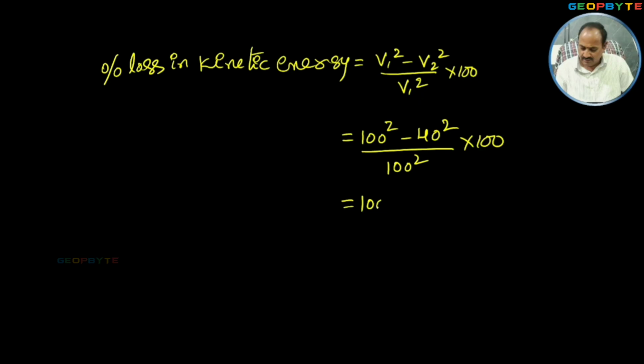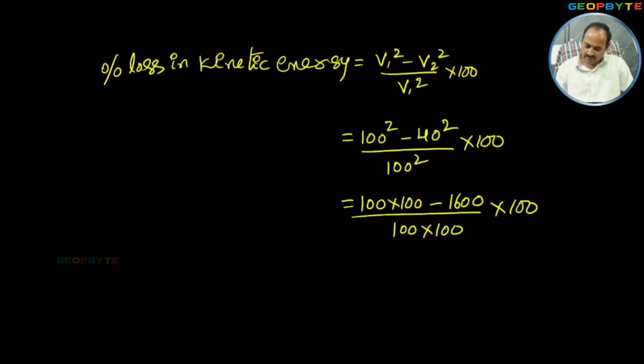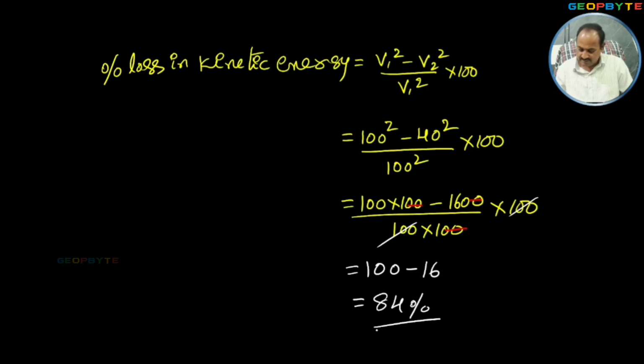It is equal to 100 into 100 minus 40 square, 1600, divided by 100 into 100, into 100. Now two zeros, two zeros, two zeros cancel. Finally it is 100 minus 16. Of course, this 100 cancelling, it is equal to 84 percent. That is the percentage loss in kinetic energy in the bullet.